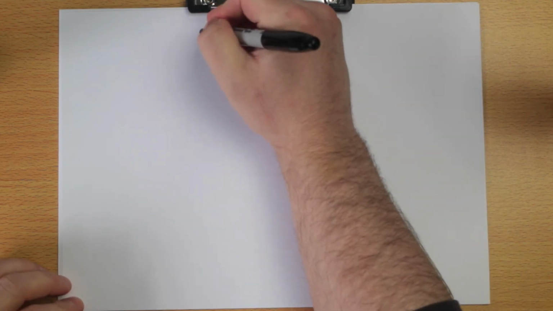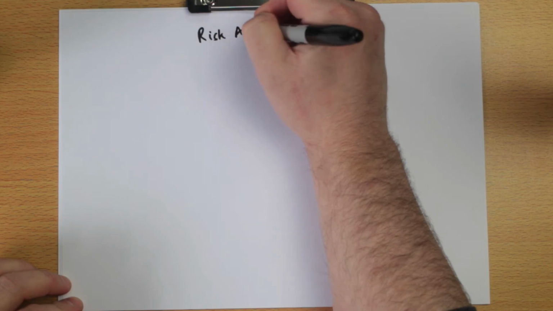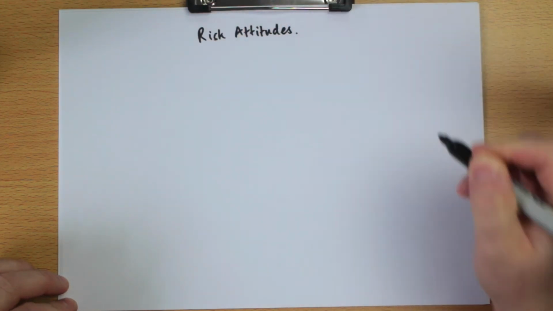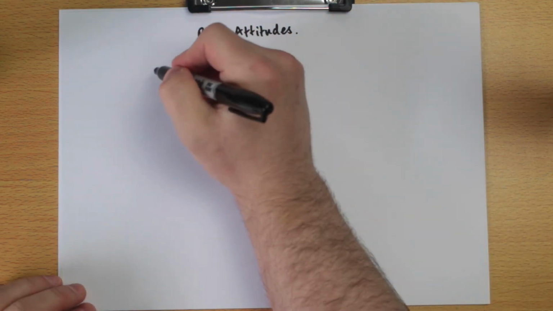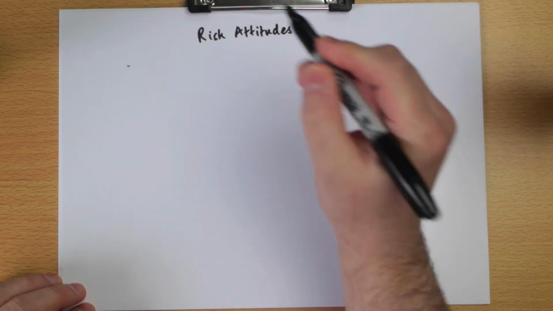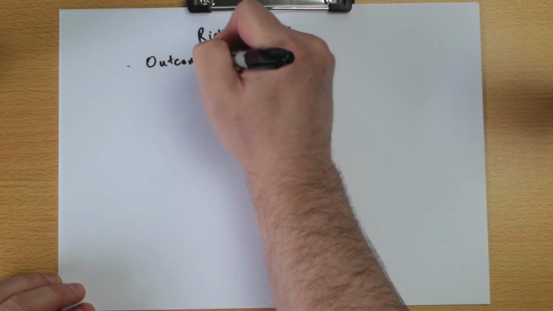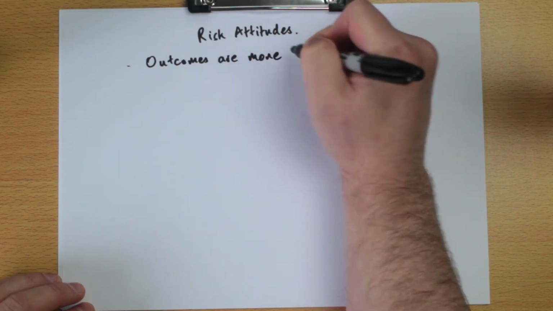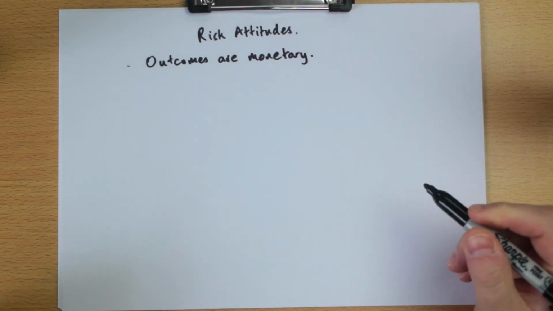Now let's have a look at the idea of capturing different risk attitudes in the expected utility framework. We're going to focus on something called risk aversion in this case. So we're going to work with lotteries. Let's assume that the outcomes are monetary, so we're talking about lotteries where you can win different amounts of money.